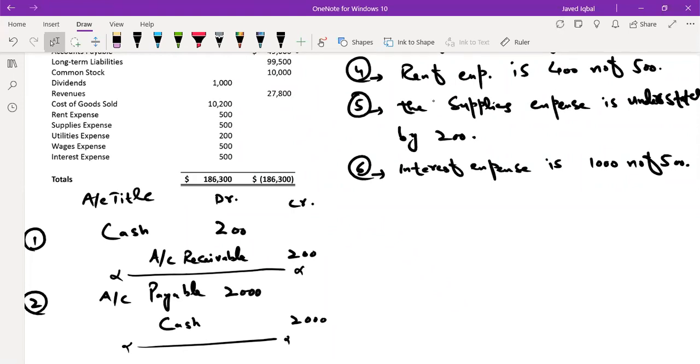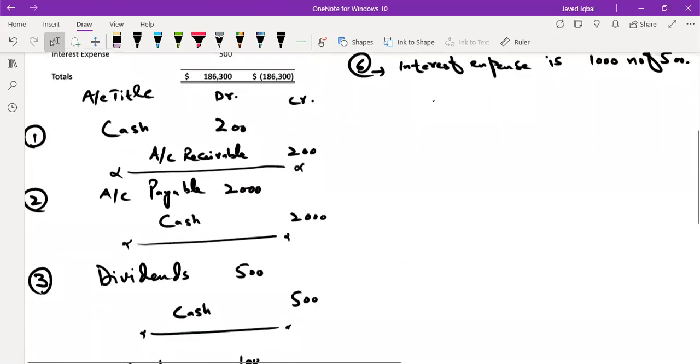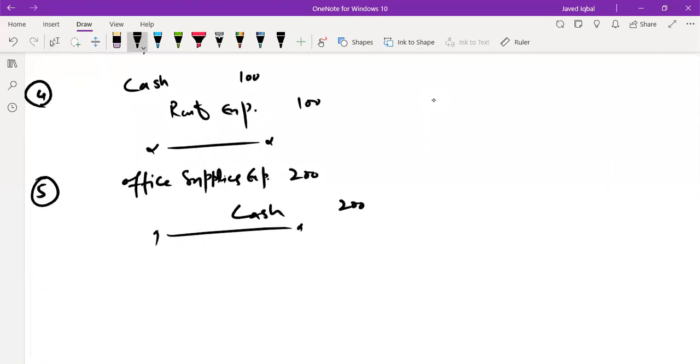Then we have interest expense, which is 1000, not 500, so it has to go up. Interest expense goes up by 500, because 500 is already there, we need to increase it by 500.